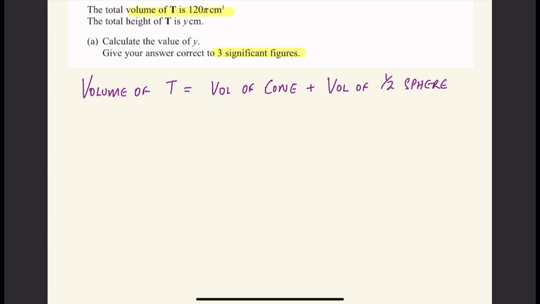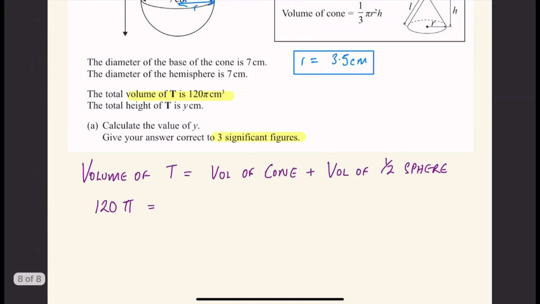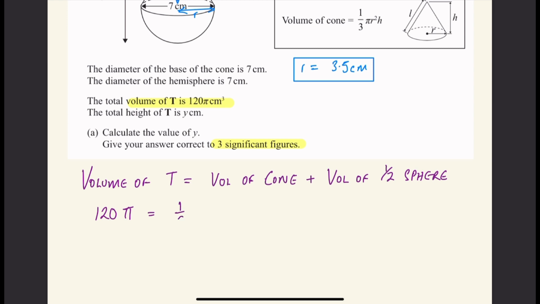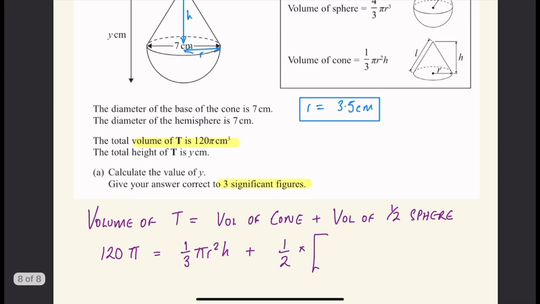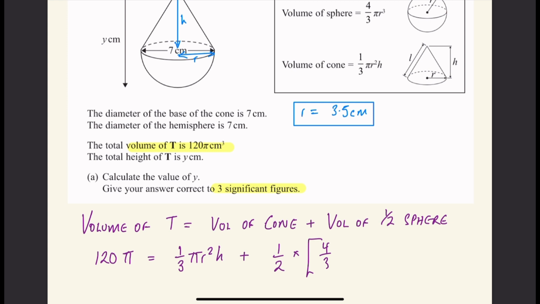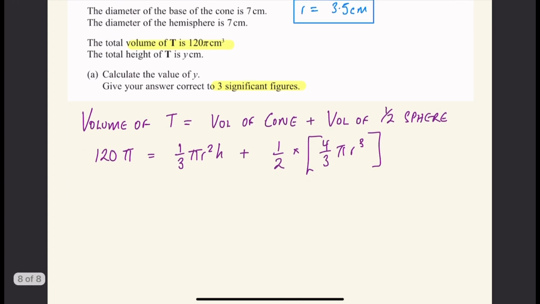Okay, so we're given that the volume of T is equal to 120 pi. It's equal to the volume of the cone, given by the formula here, 1/3 pi r squared h, plus the volume of half the sphere, which is 1/2 multiplied by 4/3 pi r cubed. Now sub in everything that we know.